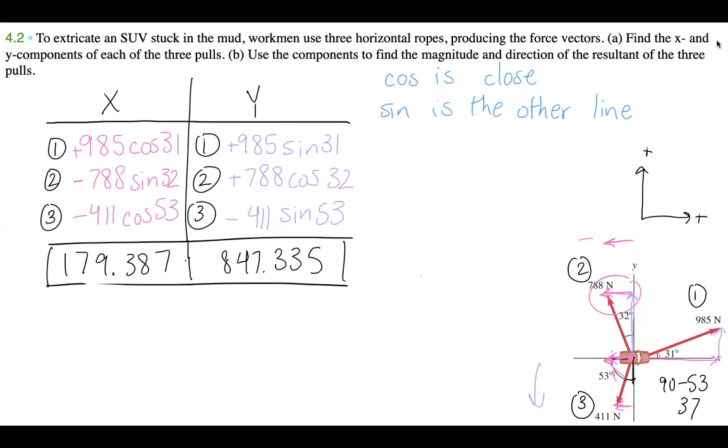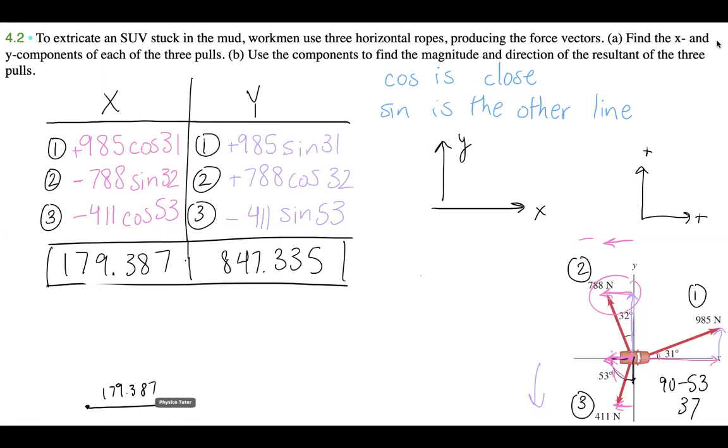Okay, so one thing we can notice is that both of these values are positive, which means that they're going to be in this direction and in this direction, right? So in this x direction and in this y direction. If they were negative, then they would be pointing downwards or leftwards, but they're not. So now what we're going to do is we're just going to pick some point just like that, okay? And what I'm going to do now is I'm just going to draw something that represents 179.387.